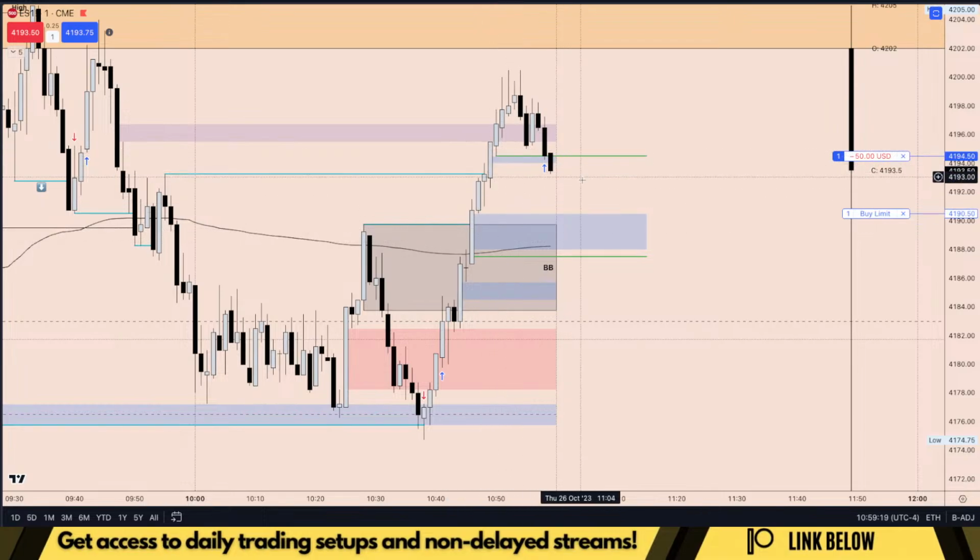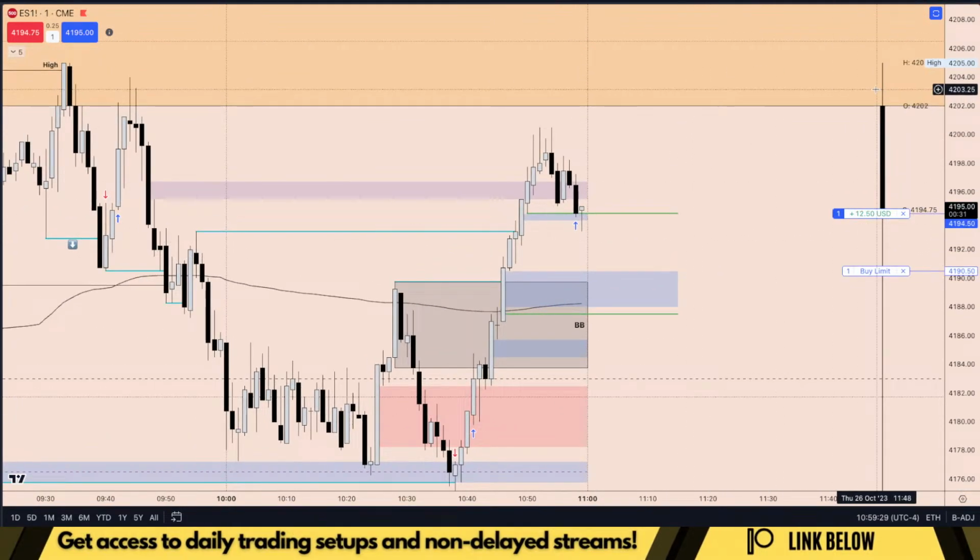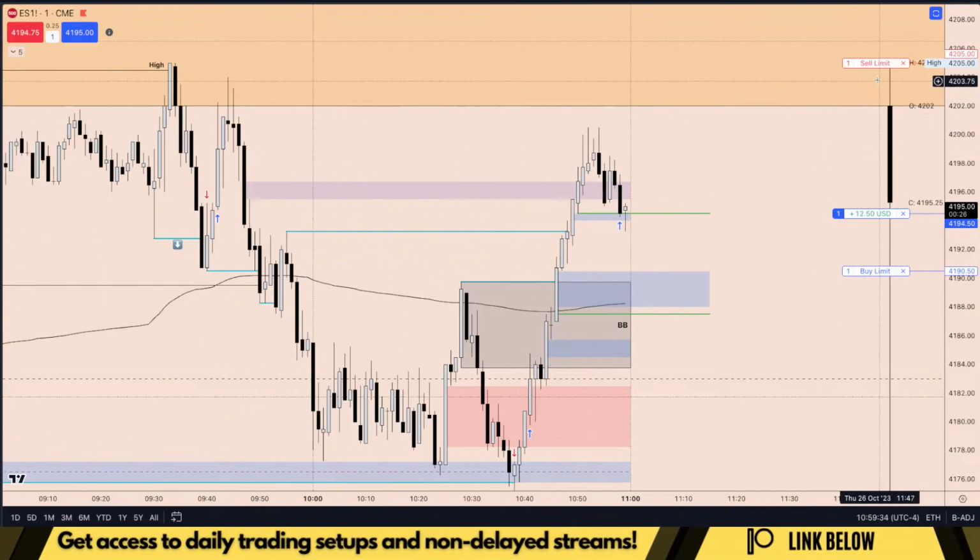Alright, 40 seconds before we get a new hourly candle. Yep, got some buffer. My take profit target is going to be a high. Not really the 50% of the new day opening gap.